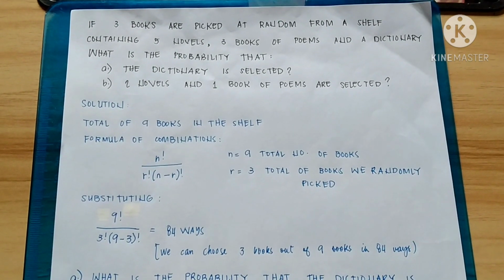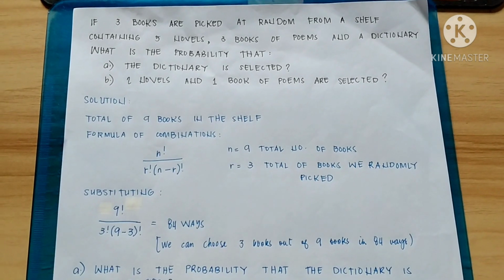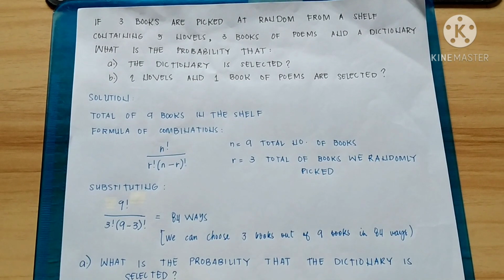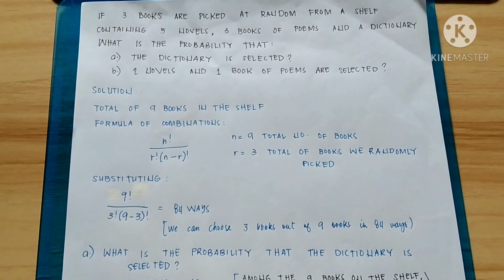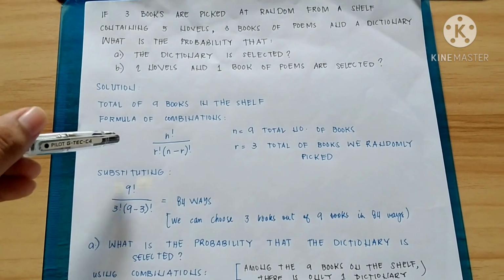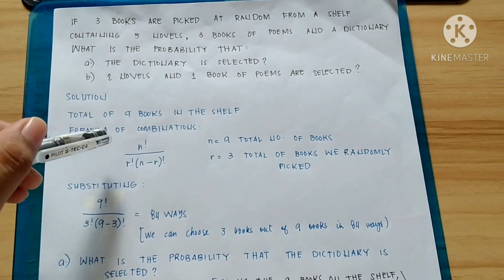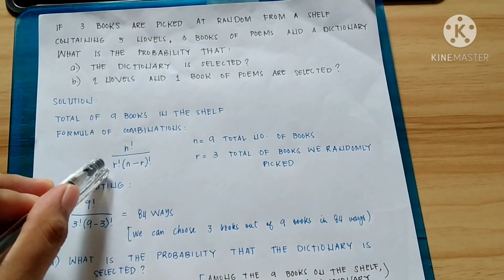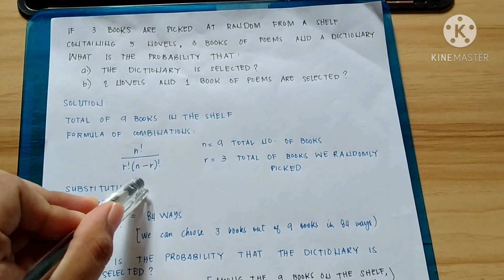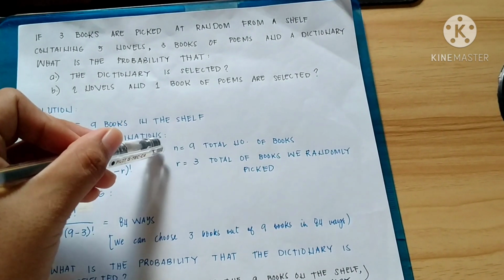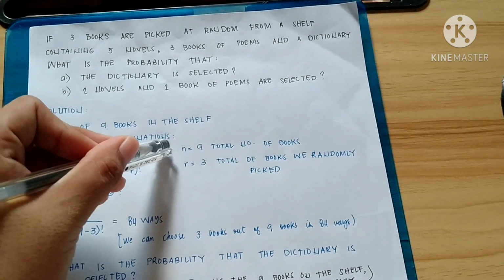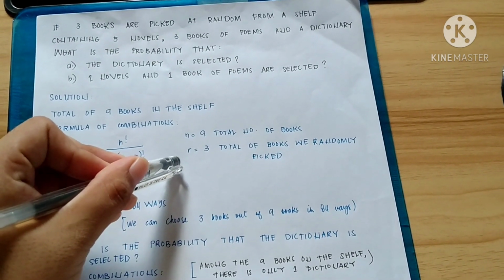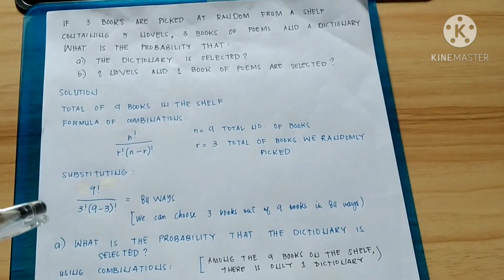The order is not important because we are choosing here randomly, so we use combinations to calculate the number of ways of choosing 3 out of 9 books. So the formula for combinations will be n factorial all over r factorial multiplied by the n minus r factorial, wherein n would be equal to 9, which is the total number of books, and r would be equal to 3, the total of books we randomly pick.